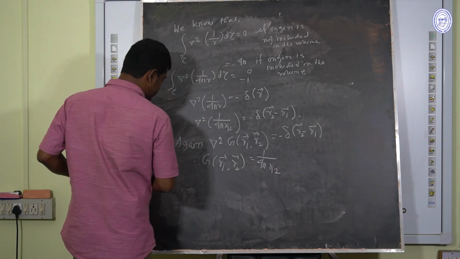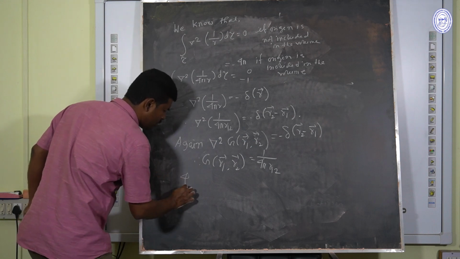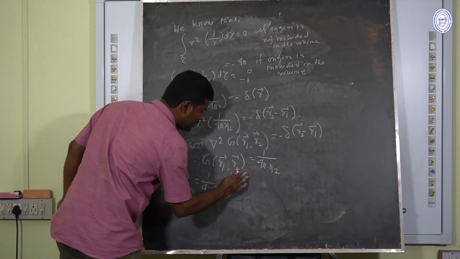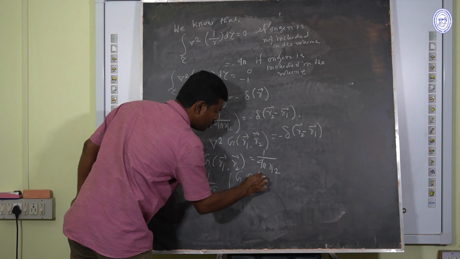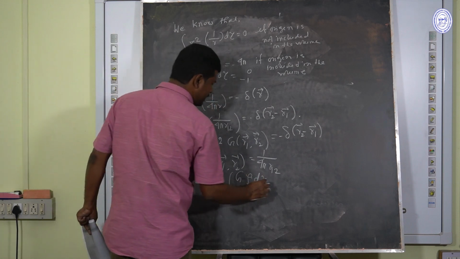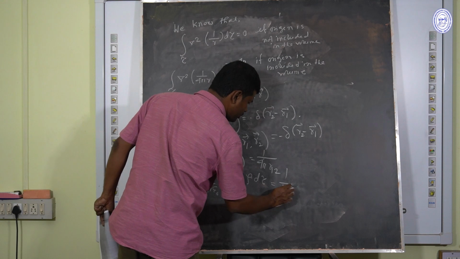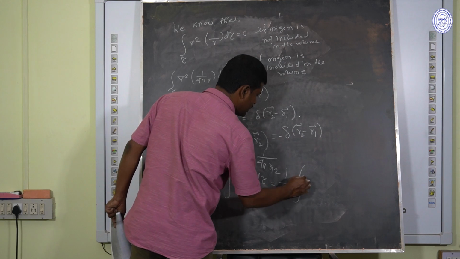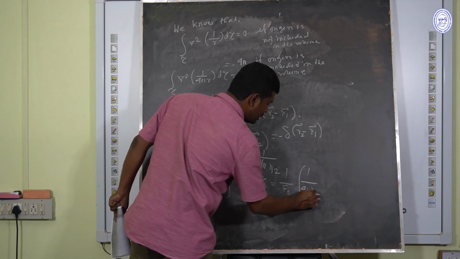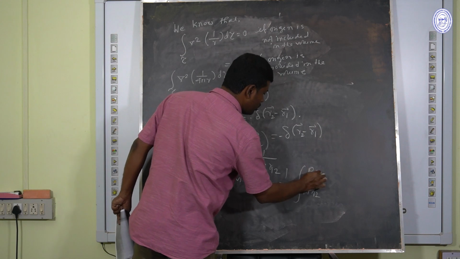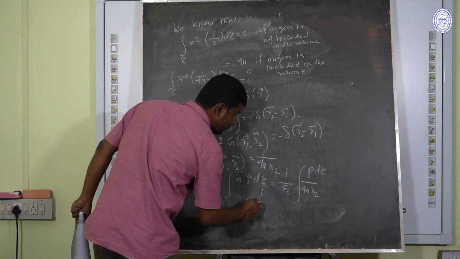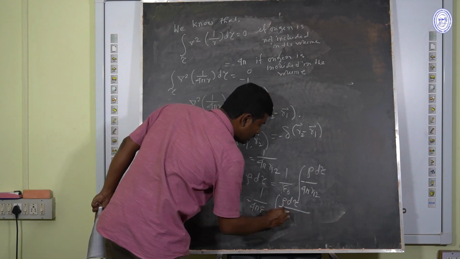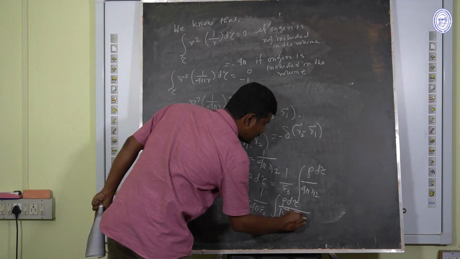As we have said earlier, the solution of Poisson's equation was phi equal to 1 by epsilon 0 integration G rho d tau, and with G equal to 1 by 4 pi r12, phi equals 1 by 4 pi epsilon 0 integration rho d tau divided by the modulus of r2 minus r1 vector.